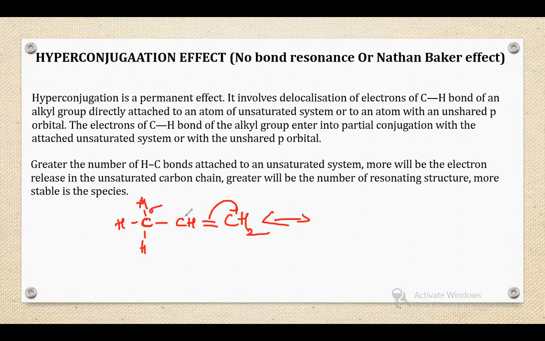The sigma bond, the sigma electron will break, and due to the breakage of the sigma electron, it forms carbon and hydrogen, and this hydrogen will form H plus, a positive charge. This is the breakage of the first sigma bond, C-H.